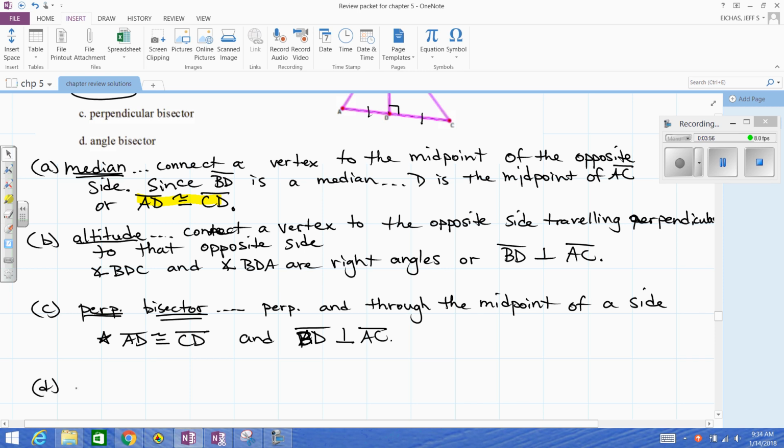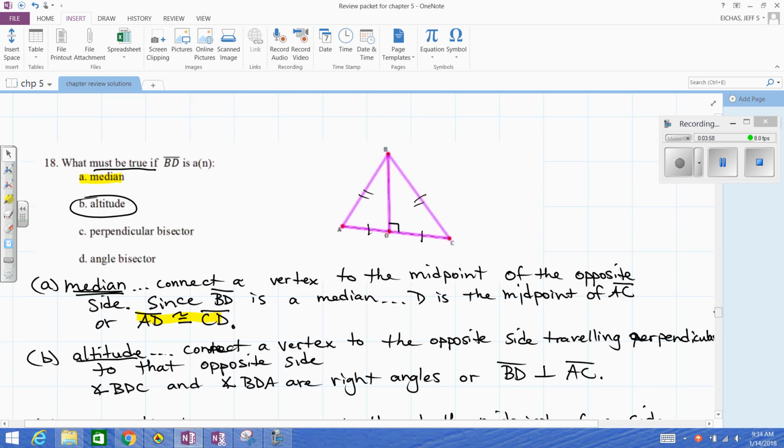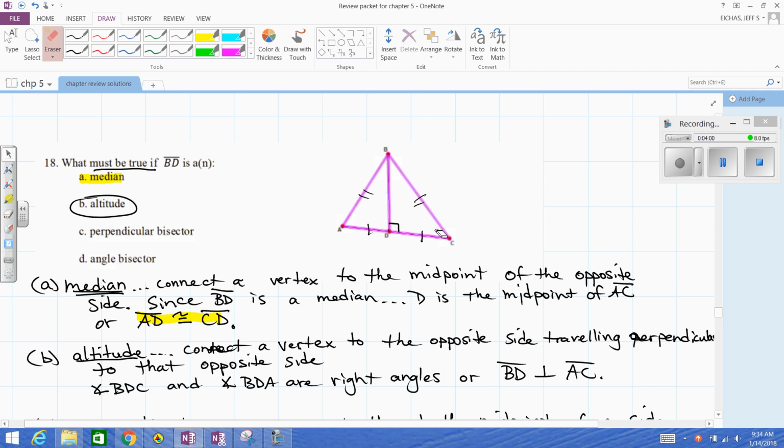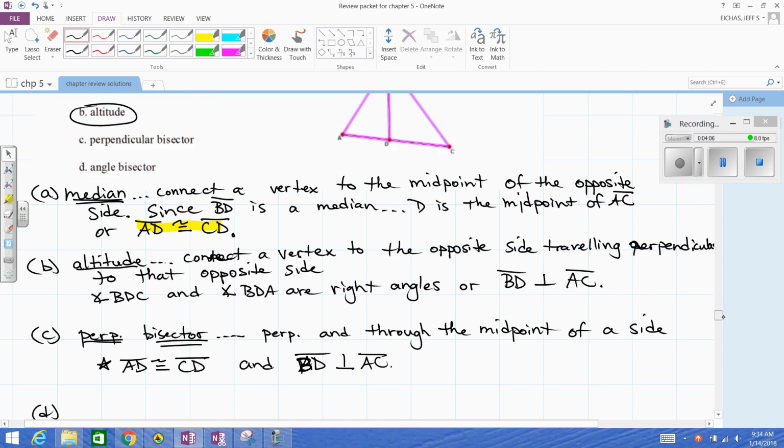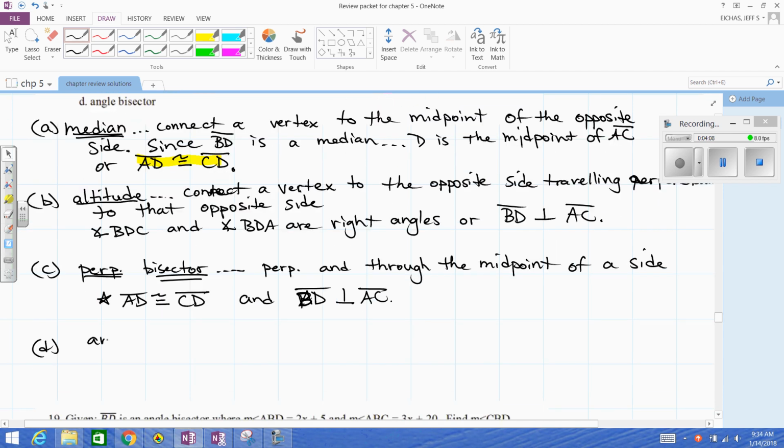All right, if it's an angle bisector, then these two angles are the same. Okay? So, angle bisector, really simple. Cuts an angle in half.